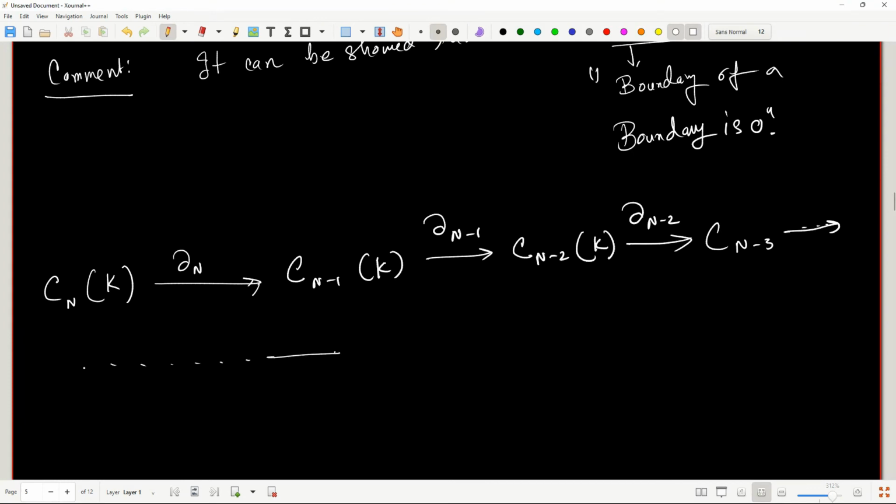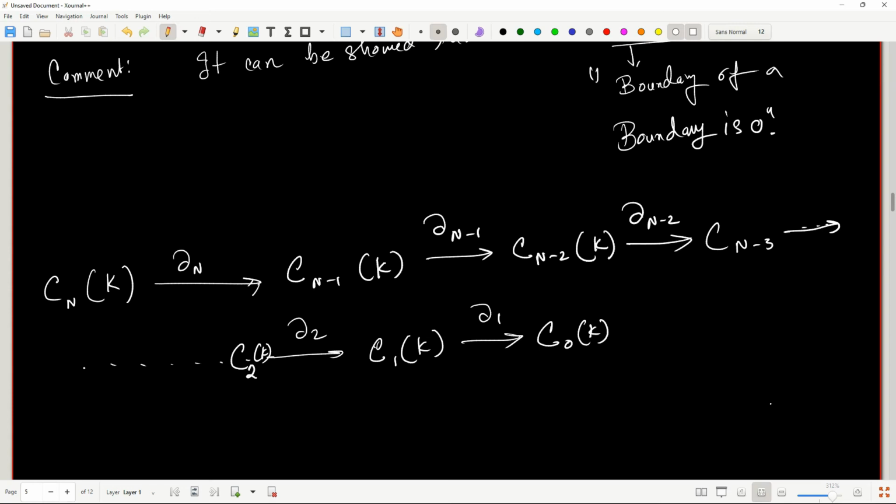So I can do this up to n times, and what I'll finally have is something like, let's say, del 2. Here is C2 of K, the 2 chain group. I have a 1 chain group. I apply the 1 boundary operator. I have C0. And these C0 chains are made of only 0 simplices, right? By the definition that we gave for the n chain groups. So if I put n equals 0, I only have elements that are points.